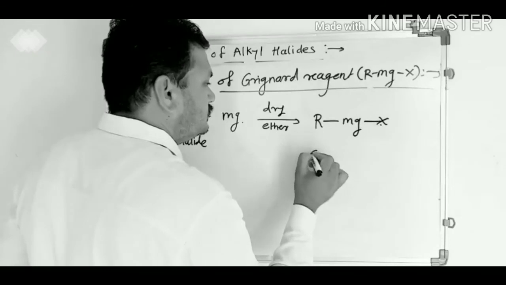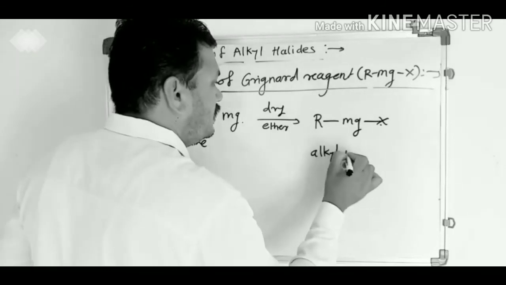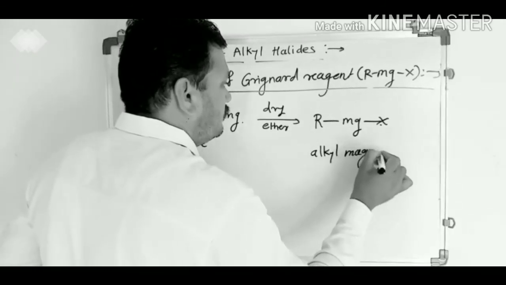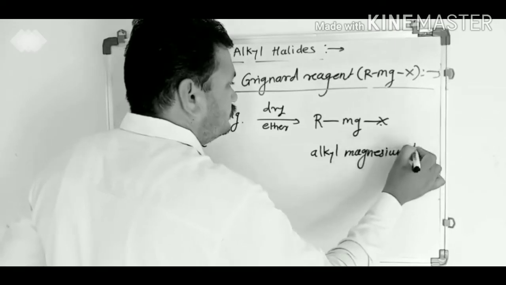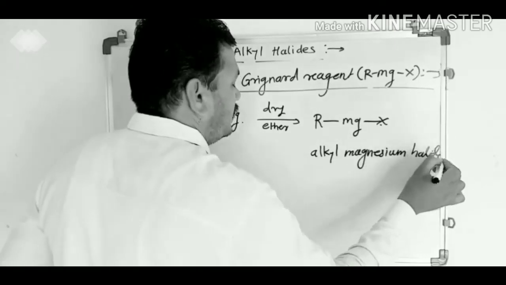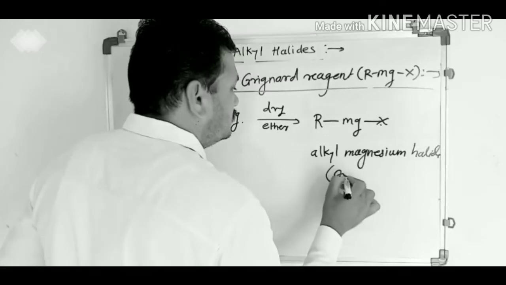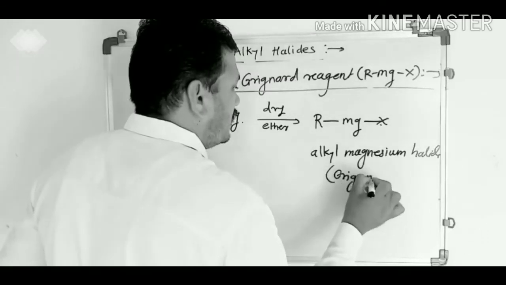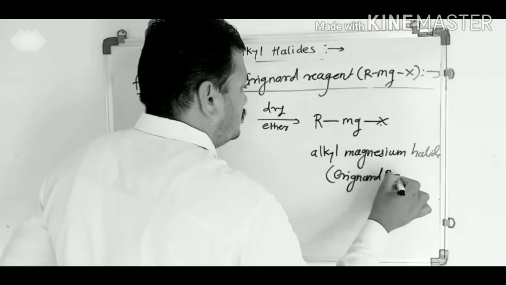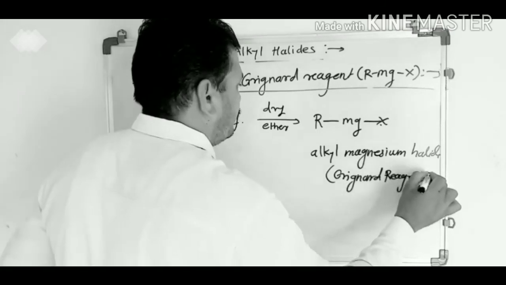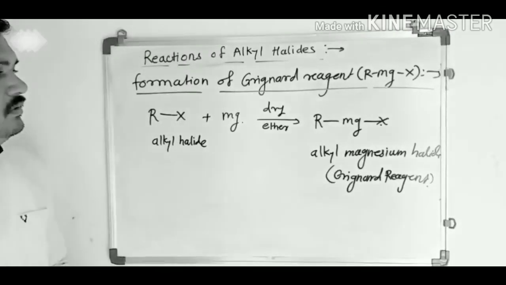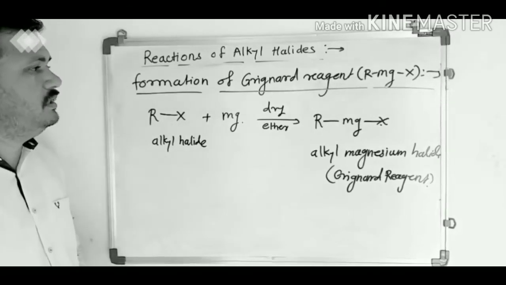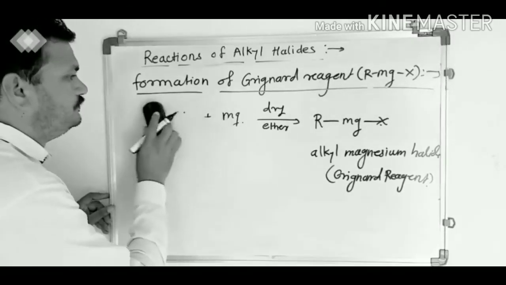It is known as alkyl magnesium halide, and it is known as Grignard reagent. Okay, now we will see the example for this reaction.